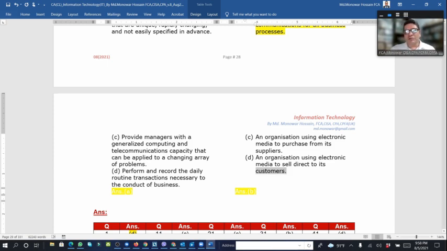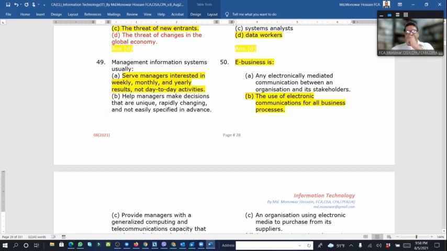It is partial, like e-commerce. In e-business, the supply side, demand side, sales side, supply chain management and distribution channels all use electronic communication.